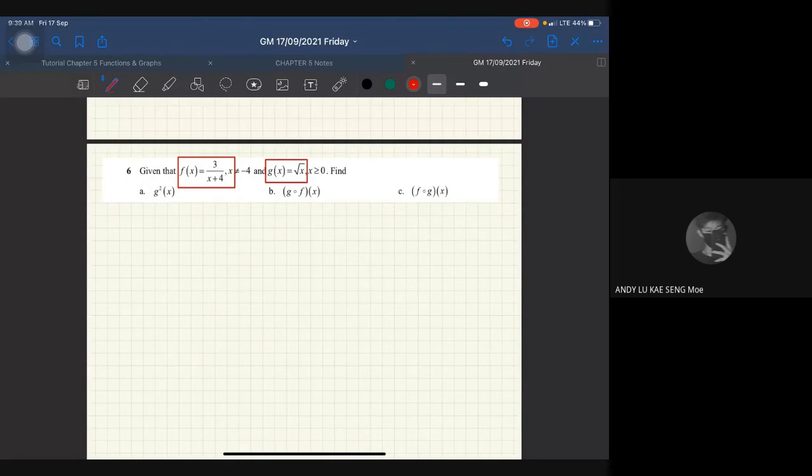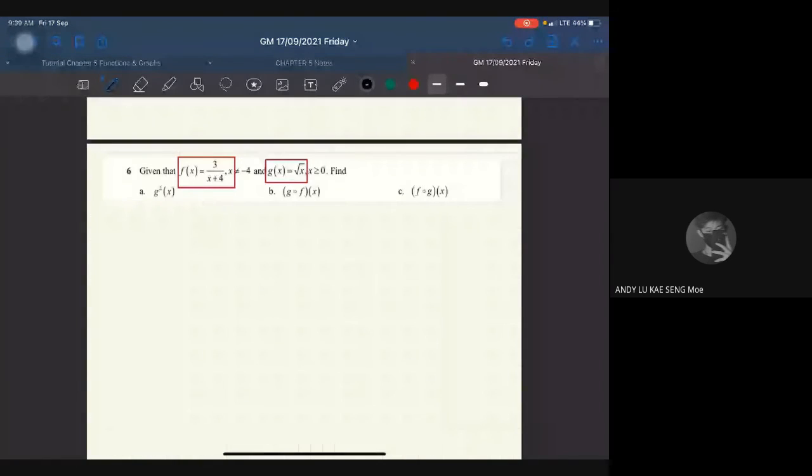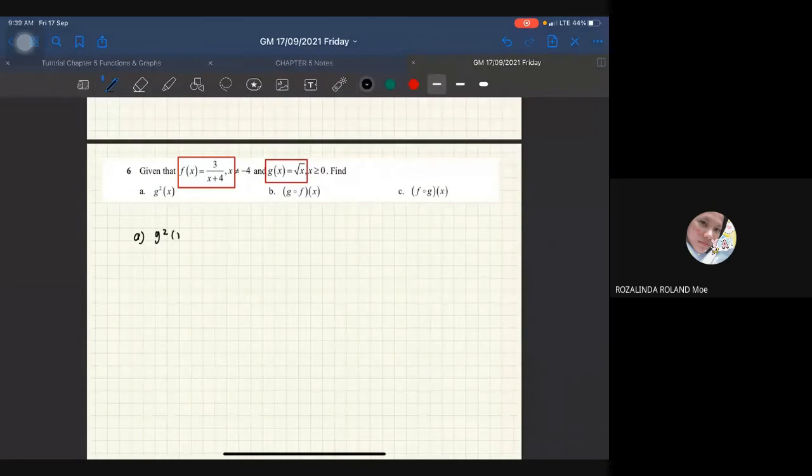So apa maksud g square of x? What does it mean by that? Betul. So maksudnya adalah G decompose ke dalam G. Okay, so we have G in bracket of GX macam ni.